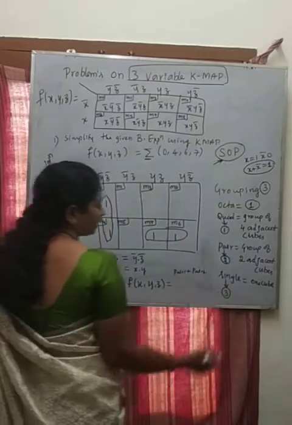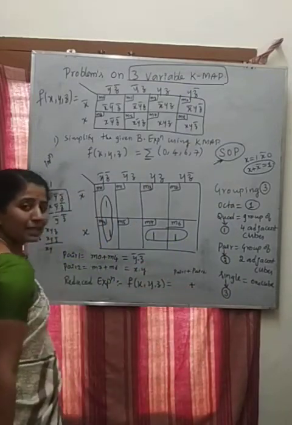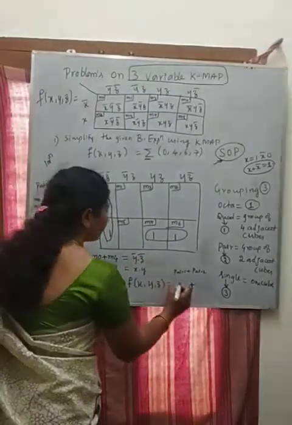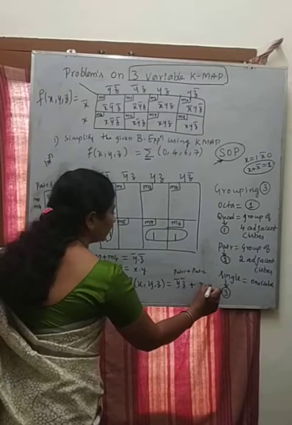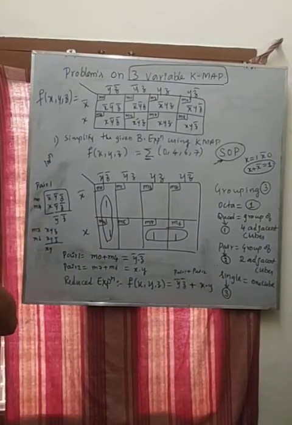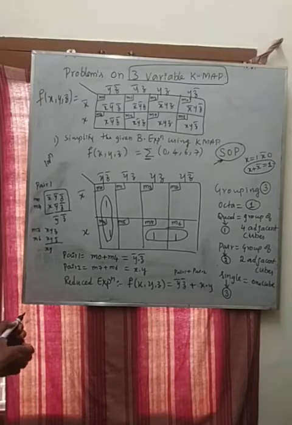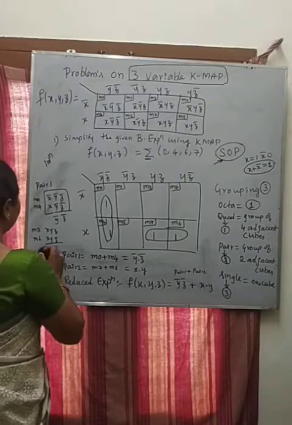Sum of products. Two products we are summing. What is the first product? Y complement z complement, then x into y. This is your first problem. Shall we move to the second problem?